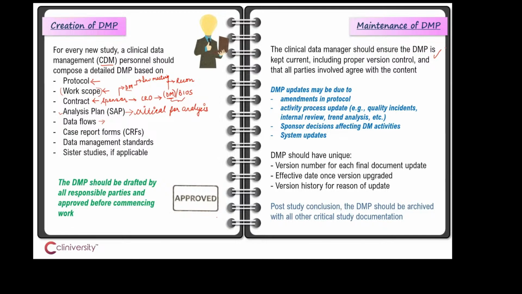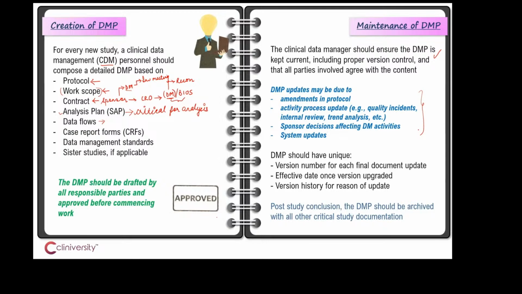Now, as mentioned in the previous ones also, here is the final list of probable causes for a protocol amendment. For a DMP update, there could be amendments in protocol, or a process update, maybe because of certain quality incidents, internal review, some trend analysis.